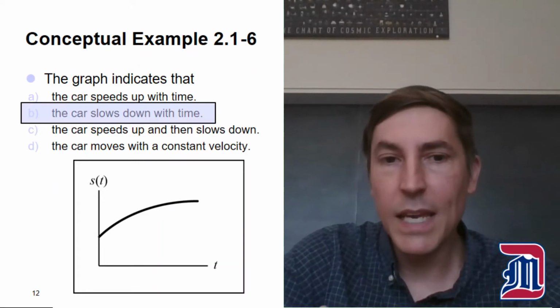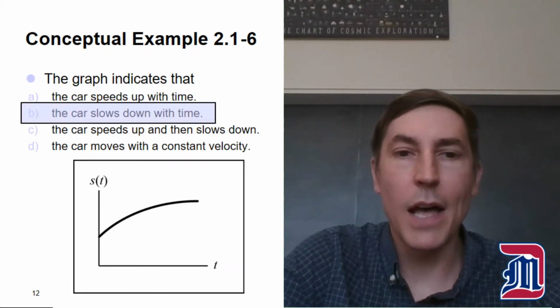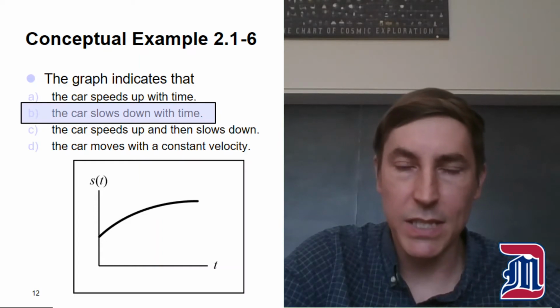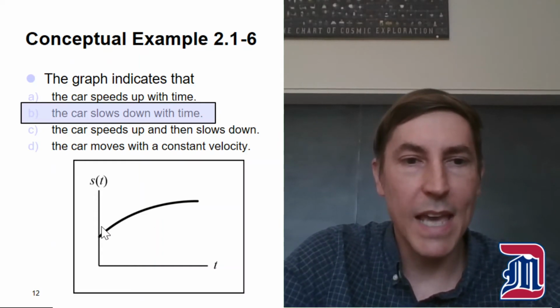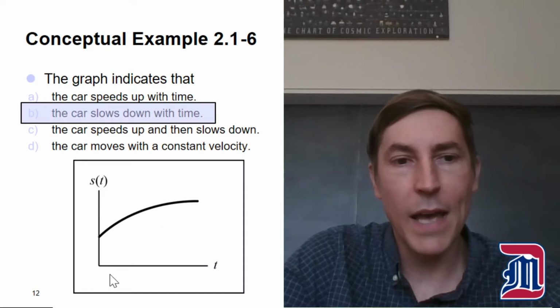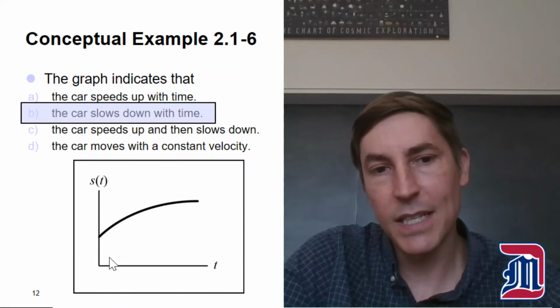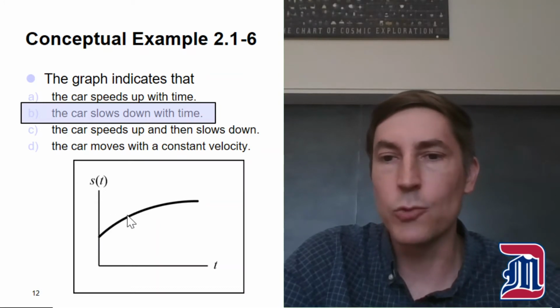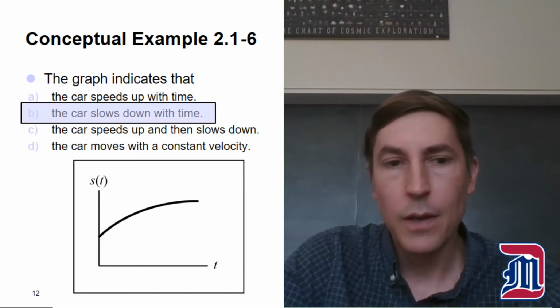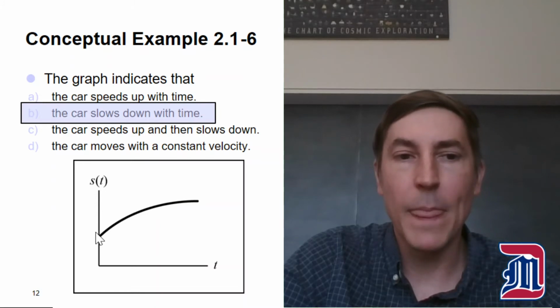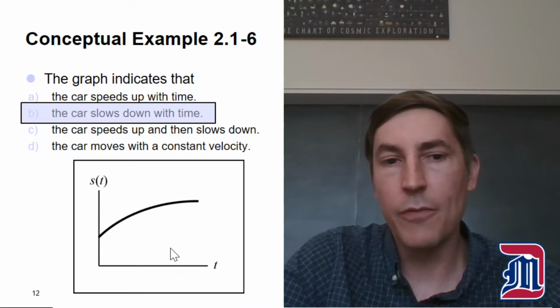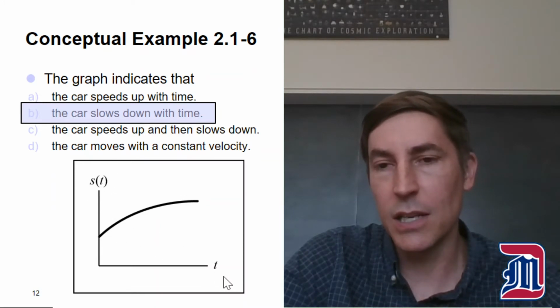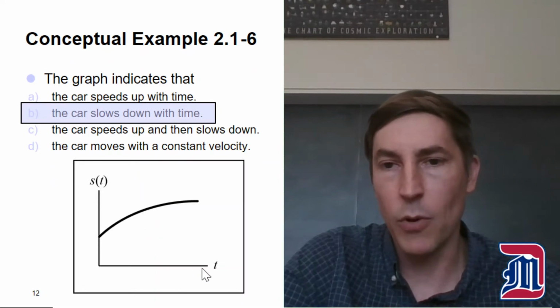The other way to think of that, velocity is delta S over delta T. So in this case, S is the Y and the delta T is the X. And so we can think of the delta S and the delta T as rise over run. So we can think of velocity as being the slope of this S versus T graph, of this position versus time graph.